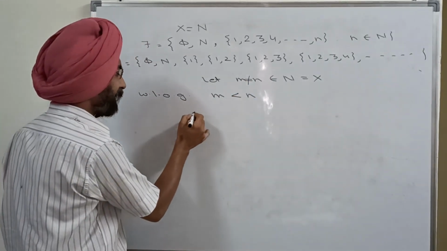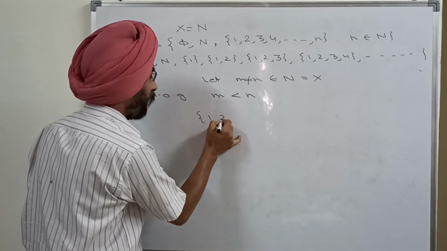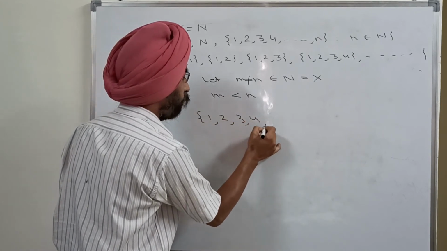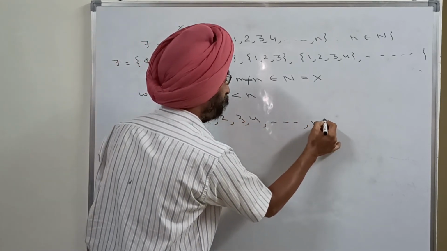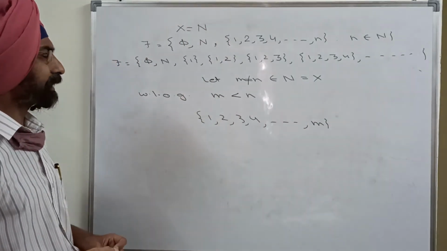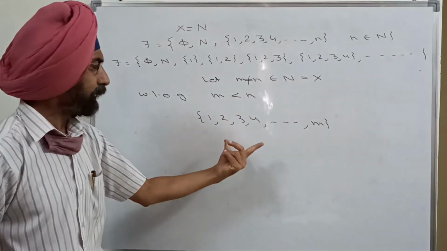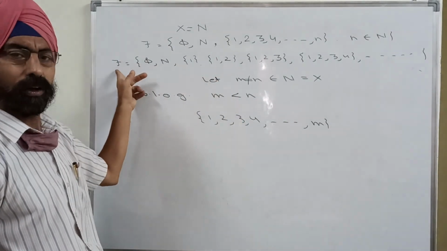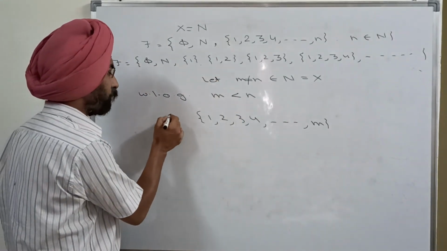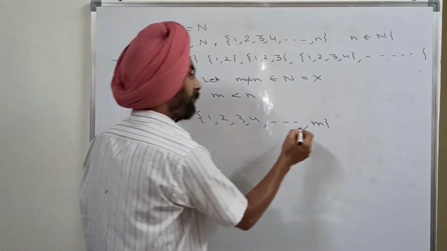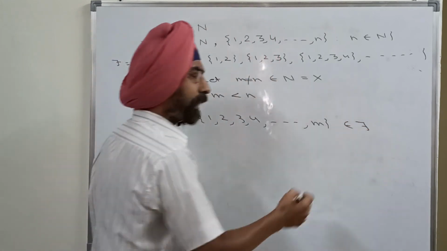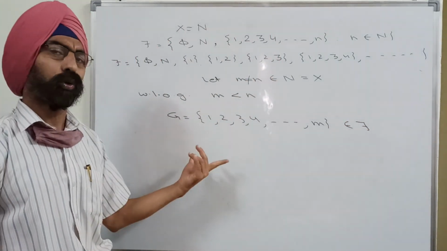Now consider this set {1, 2, 3, 4, and so on up to m}. This is a set of this kind, so that means this set is a member of tau. Suppose let it be G. It is a member of tau, and since it is a member of tau, it is an open set.